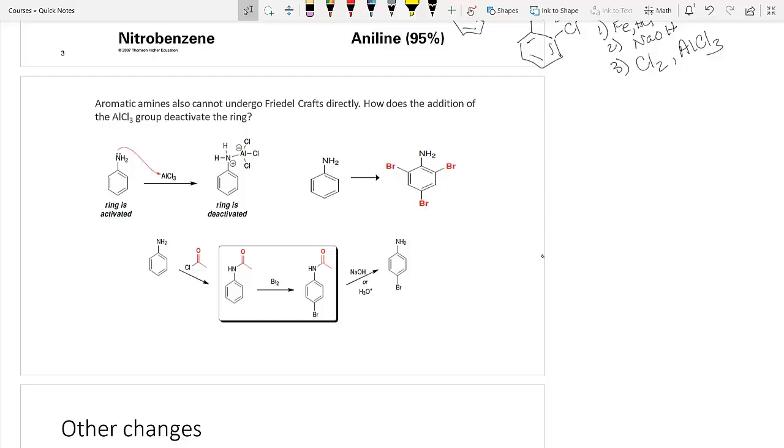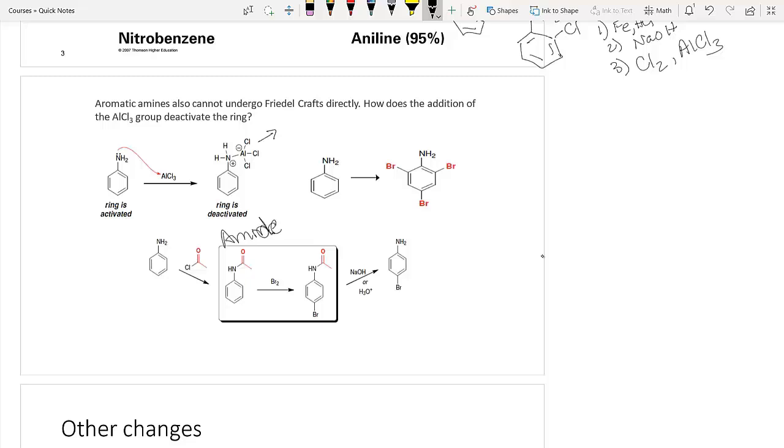Recall that I said when you were trying to do reactions with the amino, it will react with the Lewis acid to form this ammonium type salt, which then deactivates the ring, makes the ring harder to react, but it also takes the Lewis acid out of solution, which would mean that you would have to add excess Lewis acid, quite a bit of excess, just to make the reaction work. But the second problem is the amino is already deactivated, and so you'll get different directing effects on the product. So one thing that we can do is turn the amino into an amide.